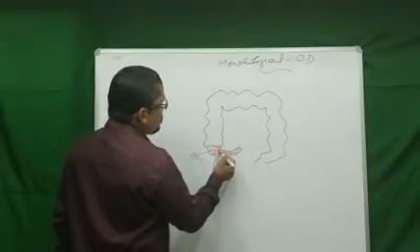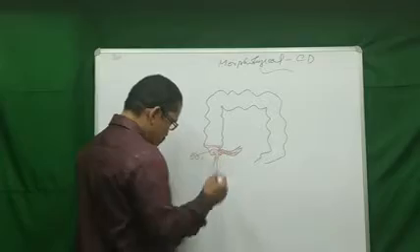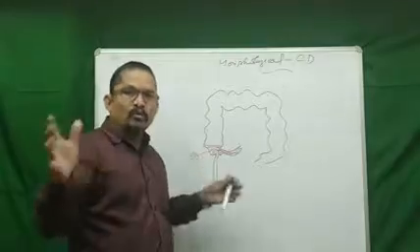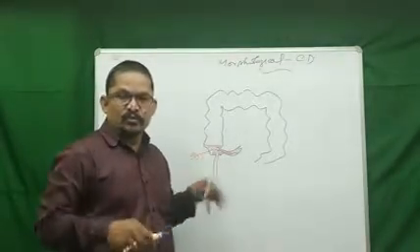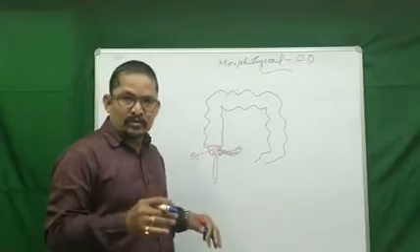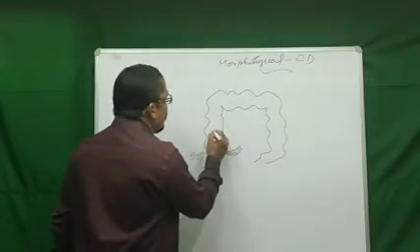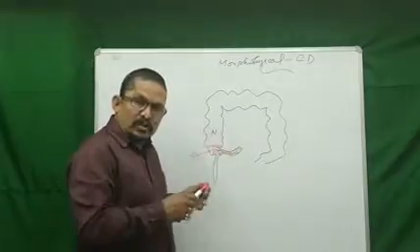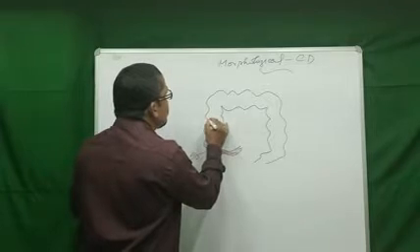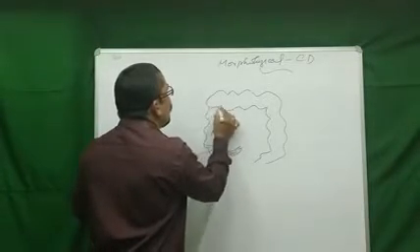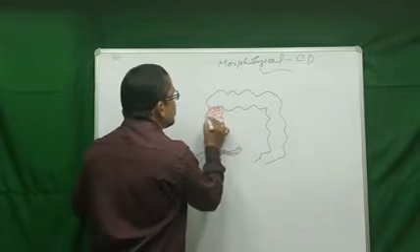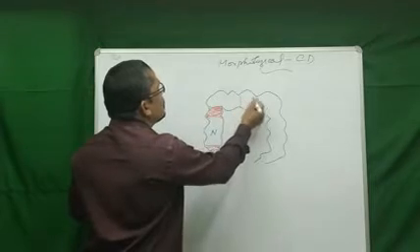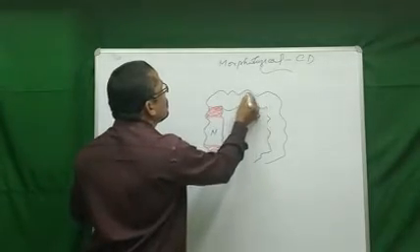And next to that segment of the colon, the area will be devoid of any form of inflammation or infection or pathology. That means a normal area can be seen here. And very next to the normal area, again another segment of colon may be affected. The same is repeated in different parts of the colon.